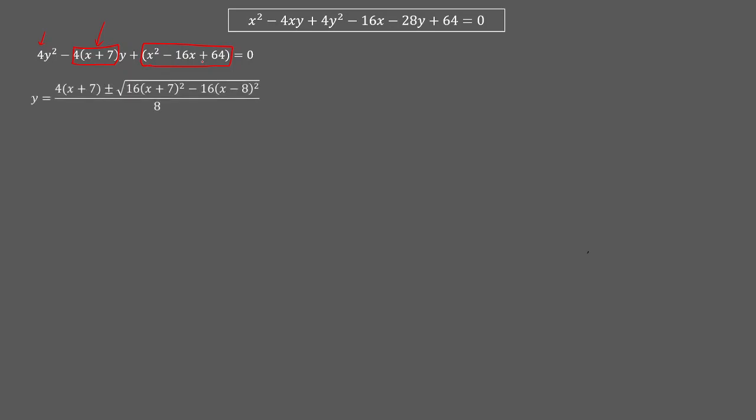I can solve this quadratic to get this expression, and something very interesting happens. You see, this is the discriminant here, b squared minus 4ac. You figure out that this discriminant could have been quadratic, but it's not, it is linear, and that is the key for a parabola. When you have such a linear discriminant, you get a parabola.